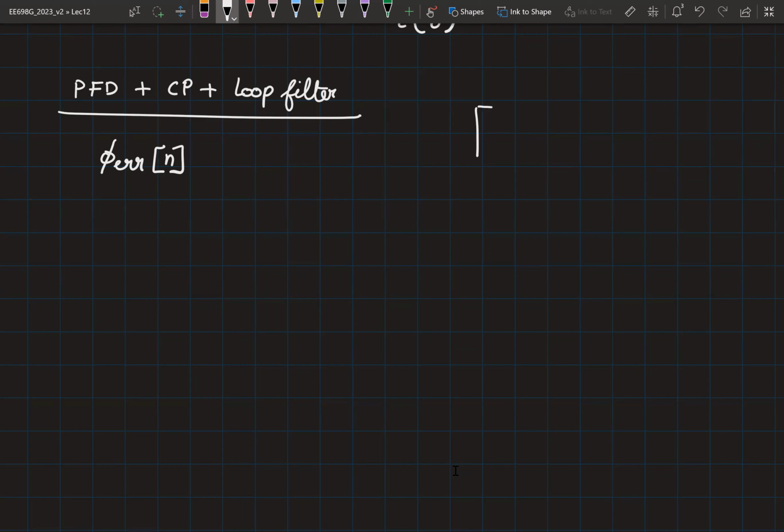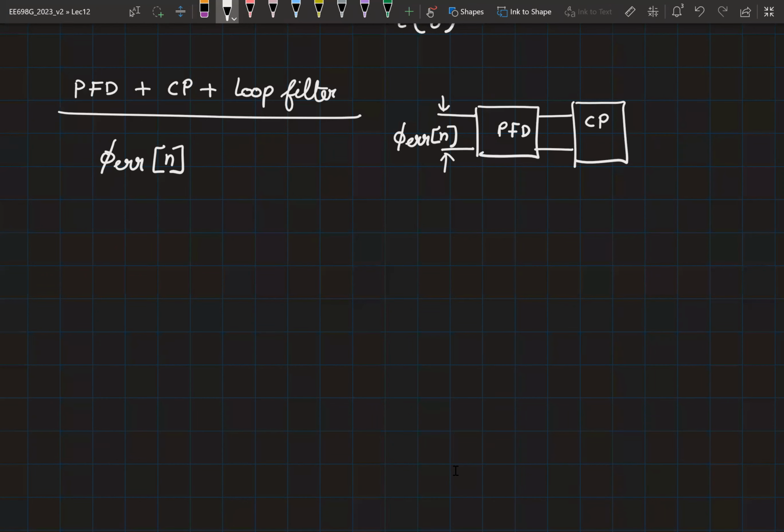So phi error of n is the delay, the phase error seen at the input of the PFD. Then we have a charge pump with nominal current ICP and then a capacitor. And then we are looking at the small signal voltage developed here. Okay. So can you tell me the expression for phi error of n?